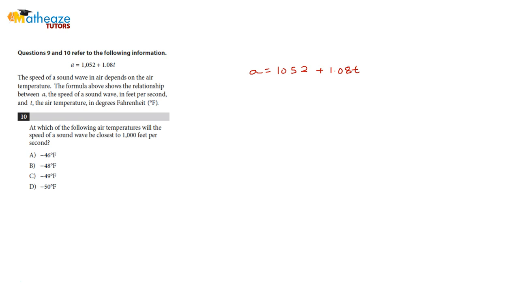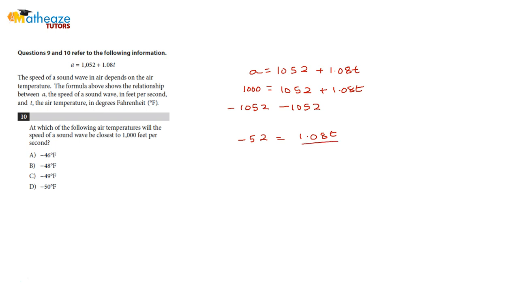So we're looking for the temperature where the speed, which is A, is close to 1000. So 1000 equal to 1052 plus 1.08 t. So let's subtract 1052 from both sides. So minus 52 equal to 1.08 t.